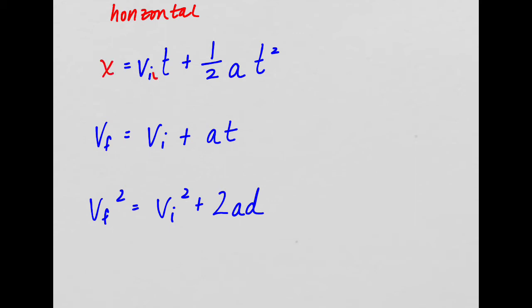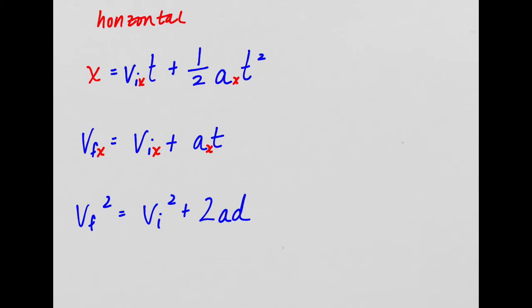And I'll have Vix times t, ax. I'm going to change all of these to just add the x to let you know that I'm looking at my horizontal components of motion and not my vertical. So if I continue here, I have Vf, my final horizontal velocity, my initial horizontal velocity, and then I have that, and I'll erase the d here and replace it with an x.